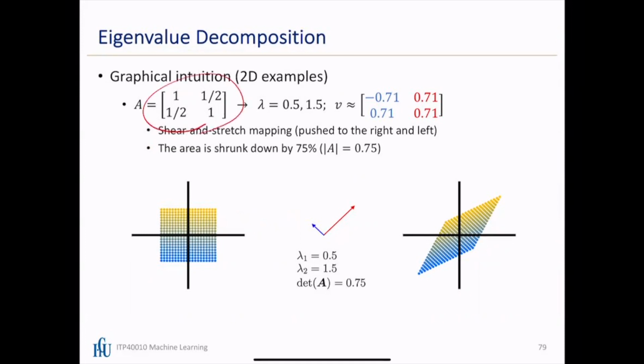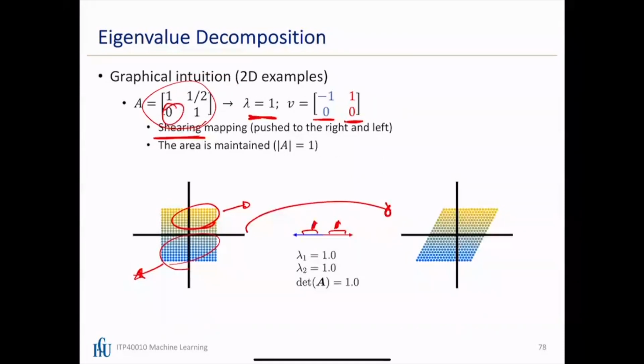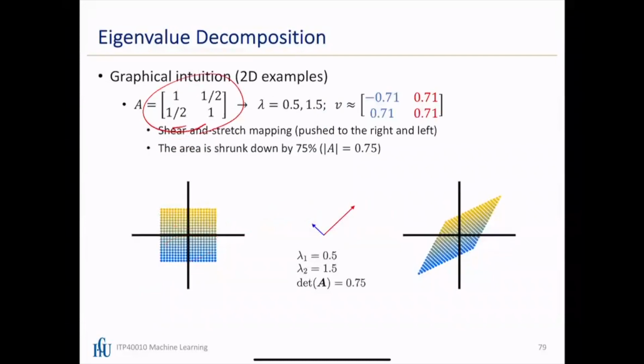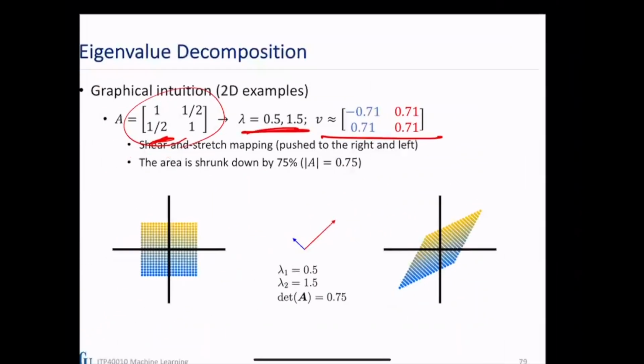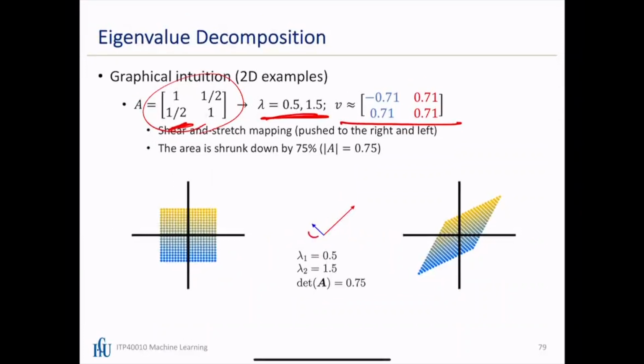And this matrix is slightly different from the previous one. In the previous one, this entry was 0, and this one has half. So basically, when you apply eigenvalue decomposition, these are eigenvalues, and this is eigenvectors. The eigenvectors look like this. The first magnitude is 0.5, the other one 1.5.